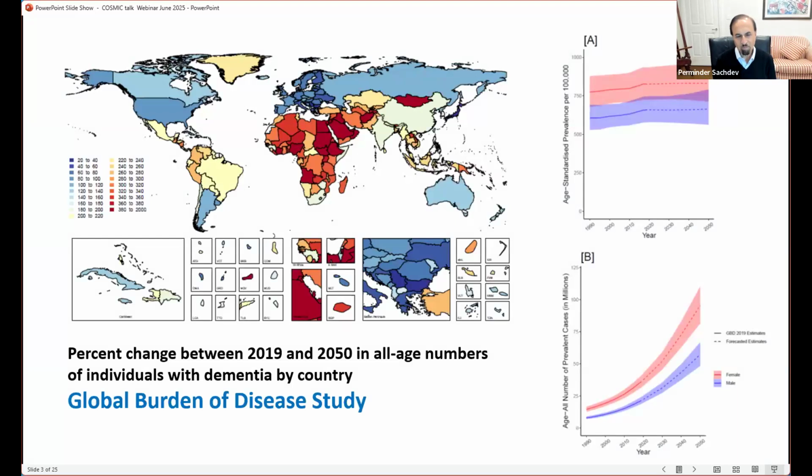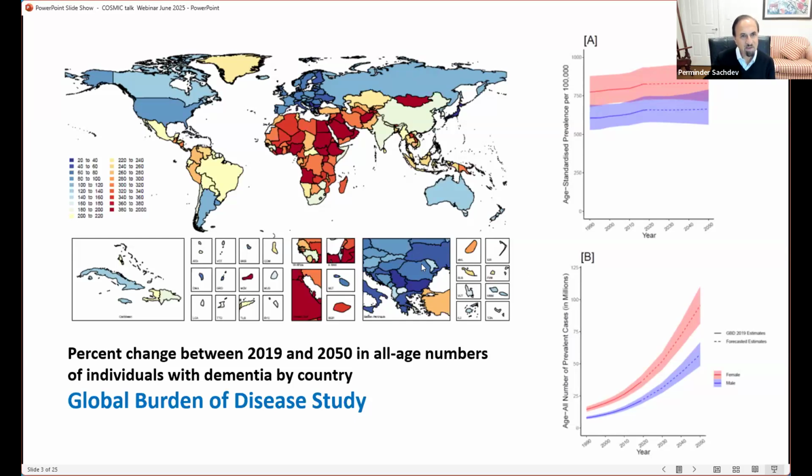Now, all of you are familiar with the rapid growth in the prevalence of dementia around the world. I don't need to repeat some of these figures, but what I want to point out is that this growth is quite uneven across the world. As you can see from this map, it projects the growth from now, from the 20s, to the middle of the century.